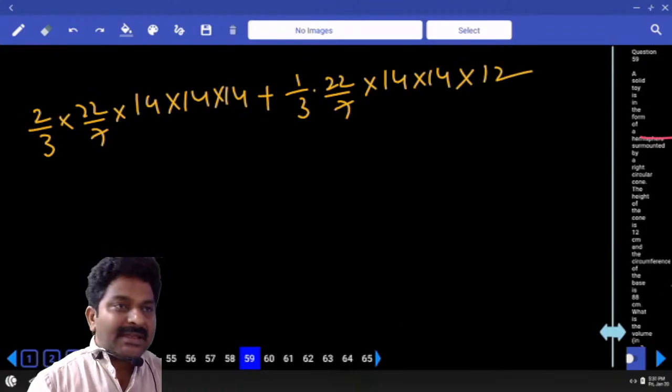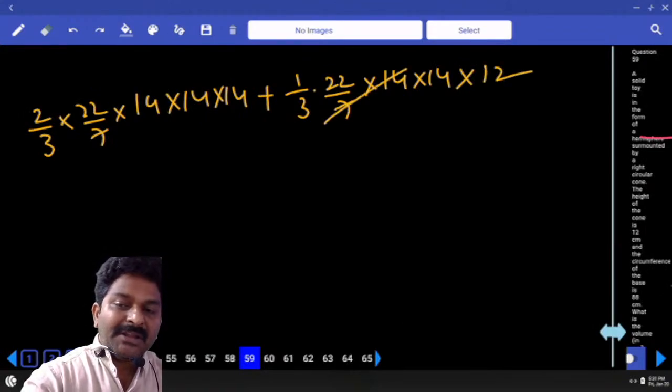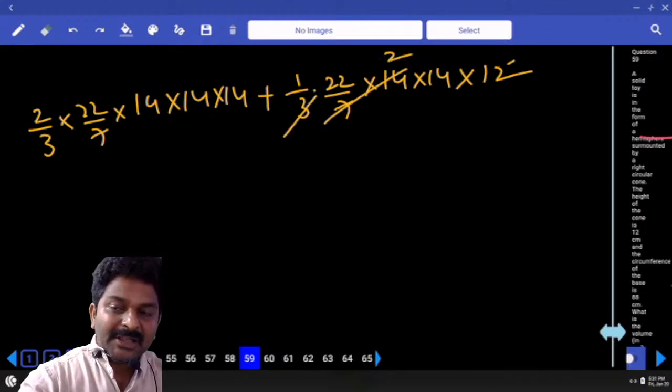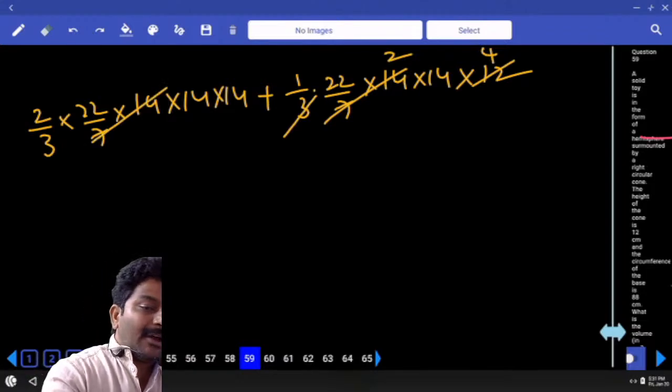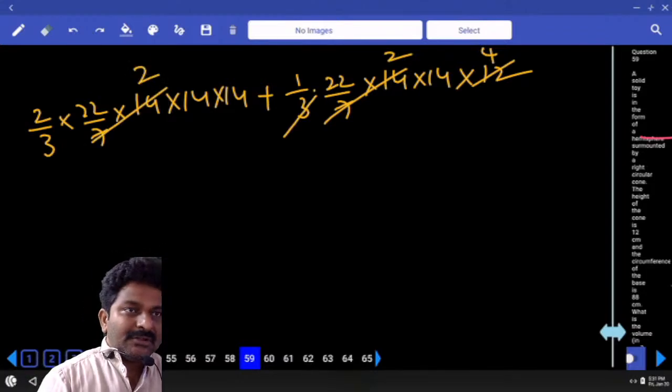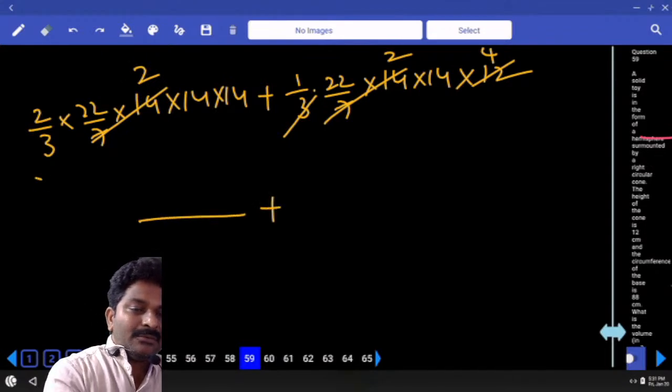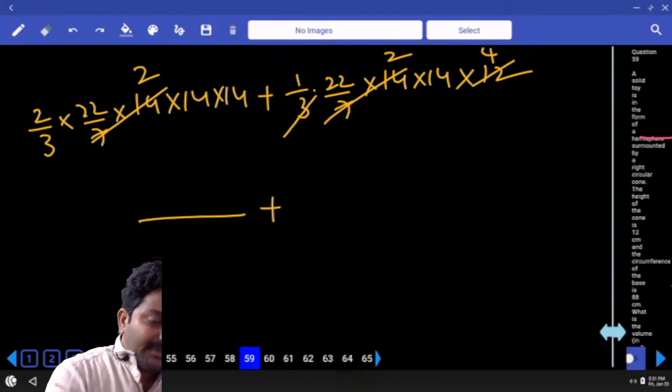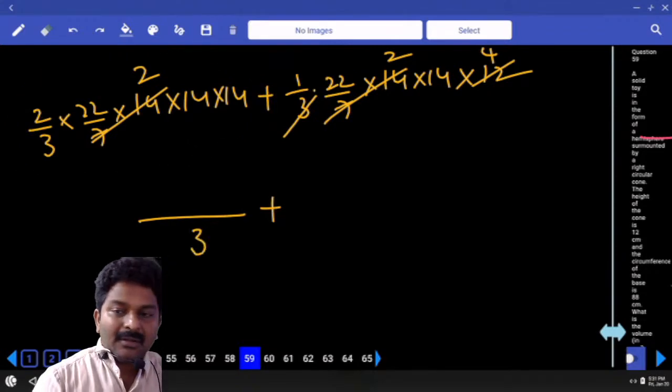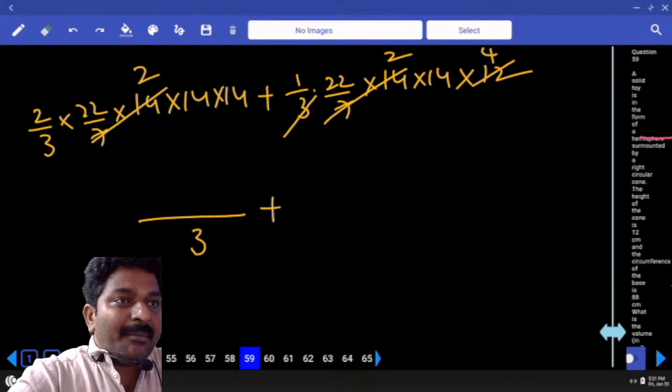7 how many times? 2 times. 3 how many times? 4 times. 7 how many times? 2 times. Now for the next step, for the first value, you will have a denominator 3. And for the second value, do you have any denominator?